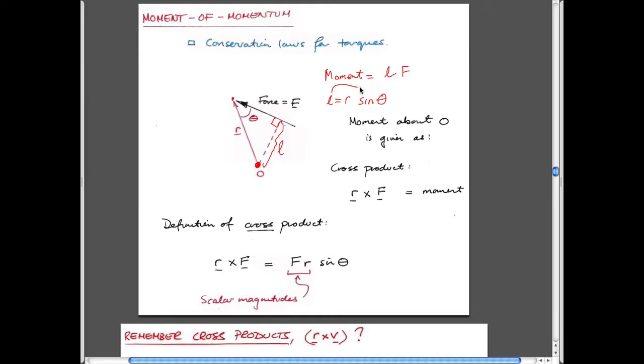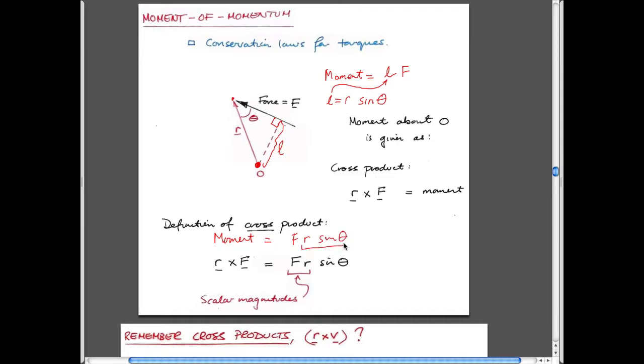And so if you put this in here, you end up with the moment being equal to, just making the substitution, F times R sine theta.